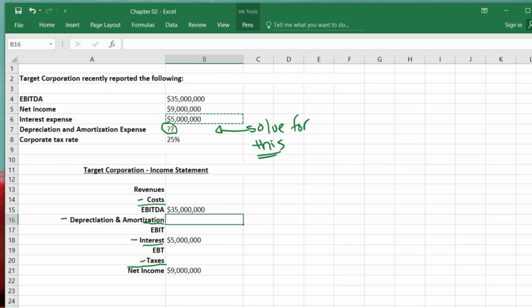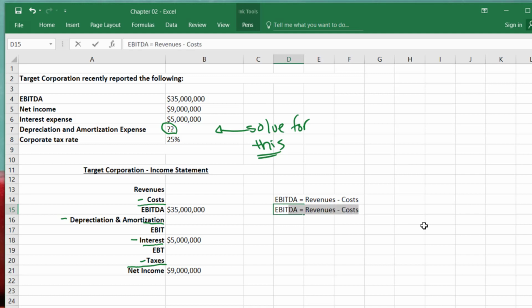Let's write them out here so we have them. Our earnings before interest, tax, depreciation, and amortization is equal to our revenues minus our costs. We have that from our income statement. We know that our earnings before interest and tax is equal to EBITDA minus our depreciation and amortization.